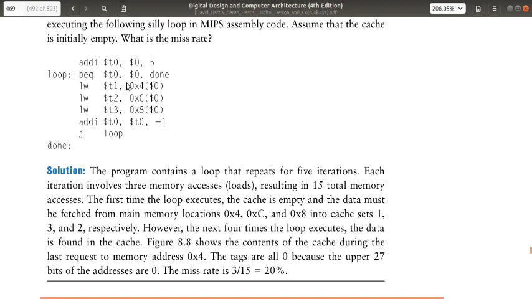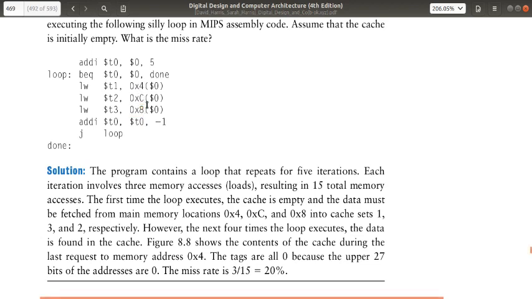What happens in the second loop onwards? When the processor tries to access it, this is already there in the cache, so it is a hit. Again it is a hit. This is also a hit. So this continues for the next 4 loops, right? There is a total of 15 memory accesses: 3 accesses per loop and 5 loops.